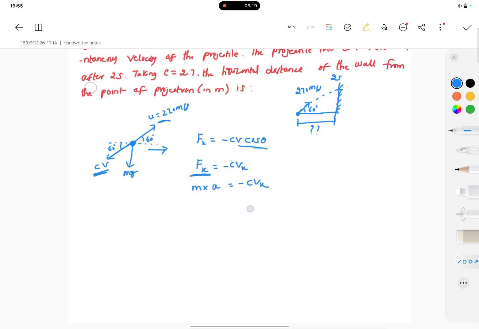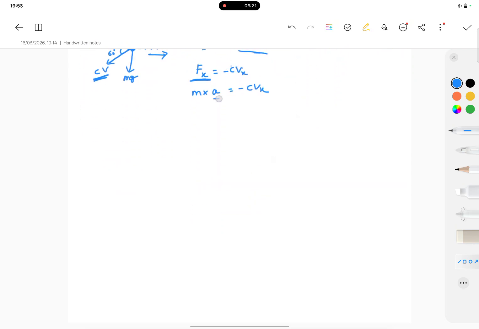It's very simple. This acceleration can be written in terms of velocity, that is mass into dvx by dt, because it's acceleration along the x direction only, equal to minus c vx.